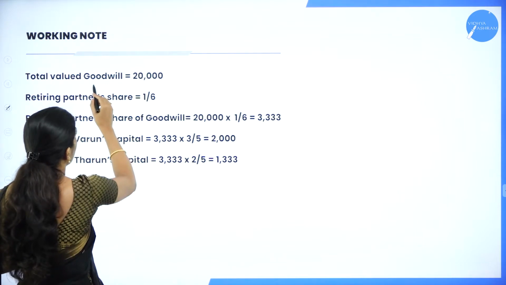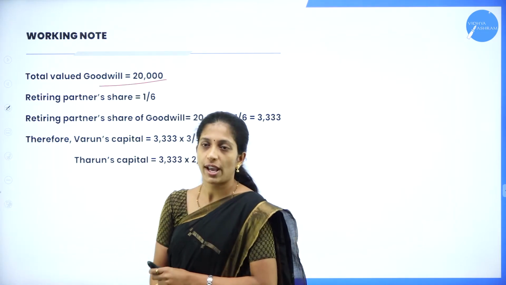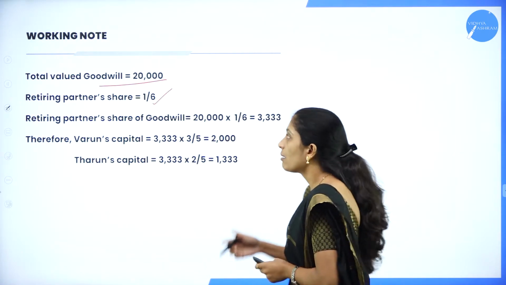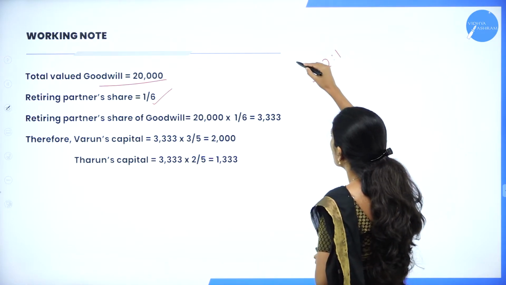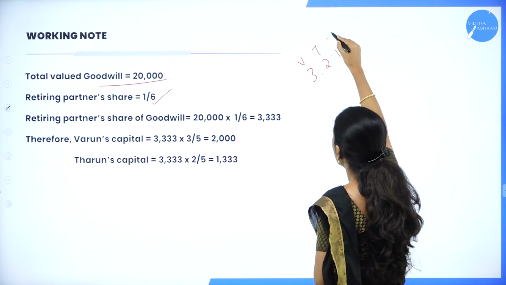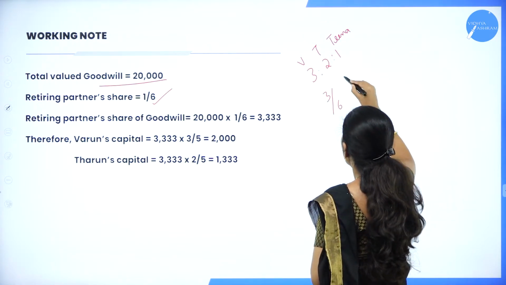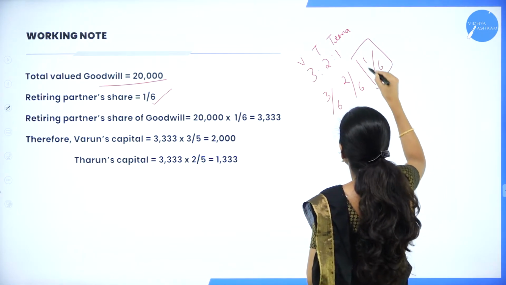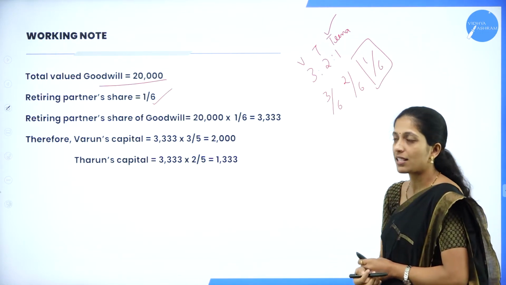Now we shall go through the working note. The total valued goodwill is 20,000. What is the retiring partner's share? Tina's share of goodwill is 1/6 because their profit sharing ratio is 3:2:1, of Varun, Tarun and Tina. So Varun's share is 3/6, Tarun's is 2/6 and Tina's is 1/6. Now Tina has retired from the partnership firm, and her share is 1/6.